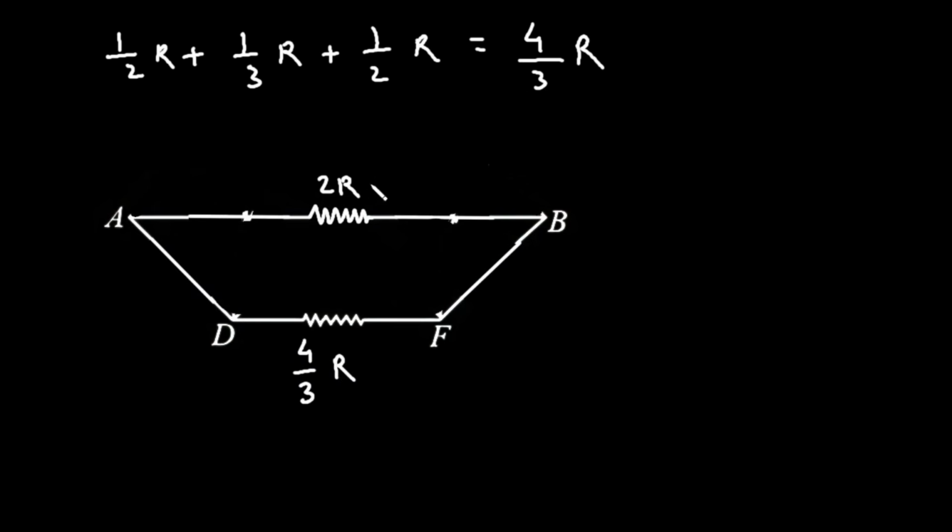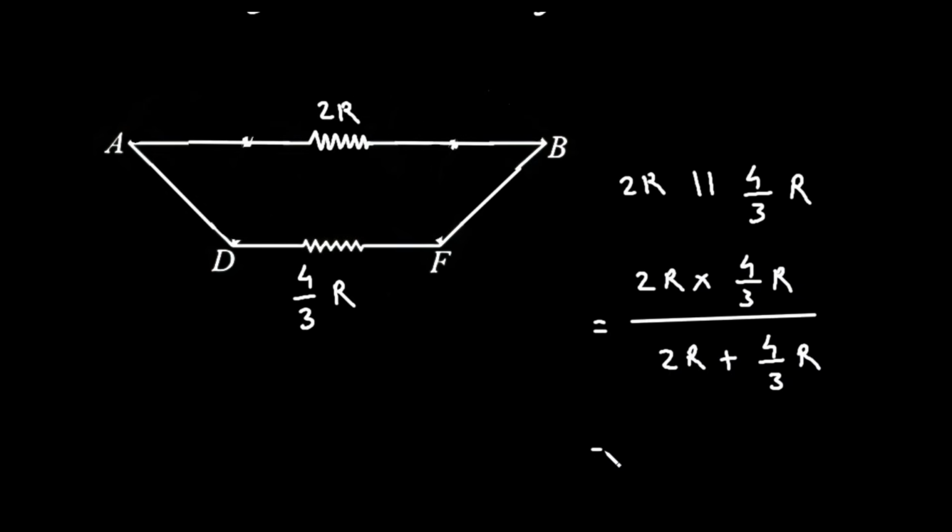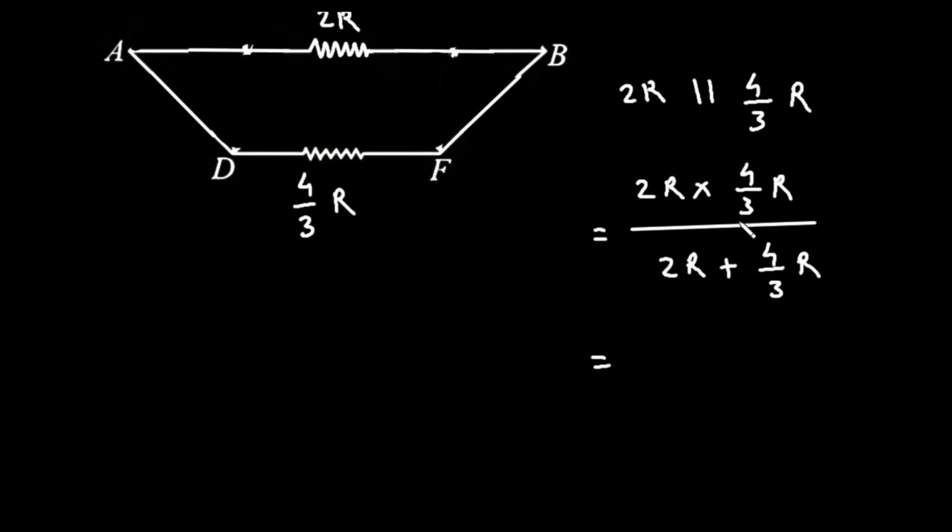Now here we can clearly see this 2R and this 4 by 3R, they are connected in parallel. So 2R parallel with 4 by 3 into R. It will be 2R multiplied with 4 by 3R divided by 2R plus 4 by 3 R. Now if we solve this in calculator, it will be 2 into 4 by 3, it will be 8 by 3. 8 by 3 R square divided by, now here this will be 2 plus 4 by 3.